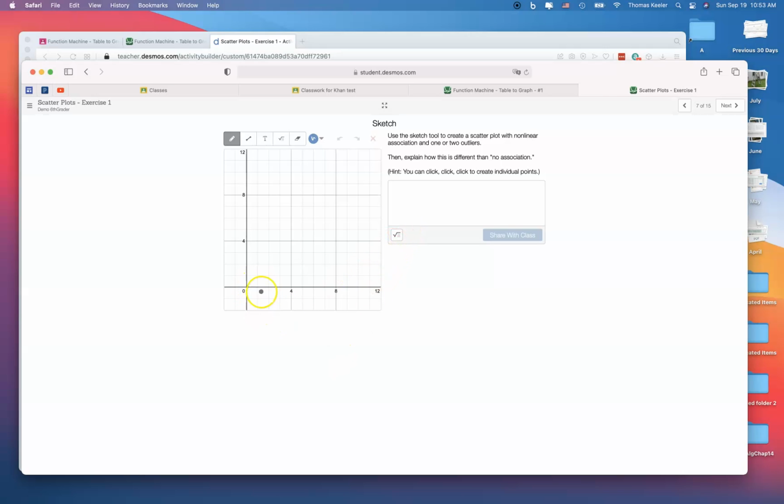For 1 we got 1, and for 2 we got 4, and for 3 we got 9, and for 4 we got all the way up here even to 16. And then for 5 you only got 1, so there's an outlier, and for 0 you got 12. But you can see that curving formation, so as x gets bigger, y increases faster and faster.